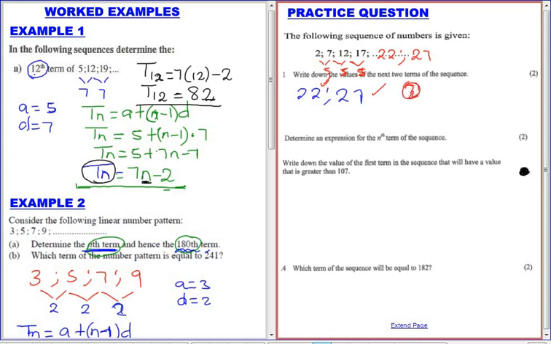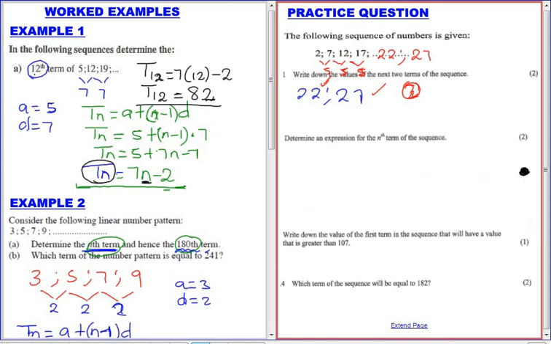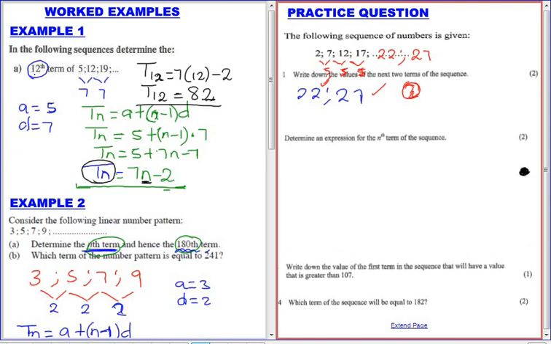Okay, so easy. Now you want to determine the nth term for that. So to get the nth term, I'm going to have to lower this down a bit. So if you want the nth term for the expression, I think this is what you did. A plus (n minus 1)d. Again, we go and substitute. What means substitution?